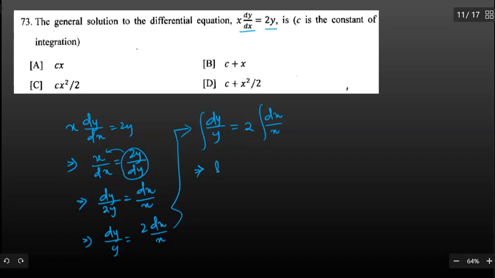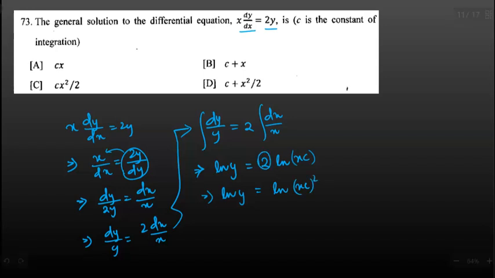So we have ln y is equal to 2 ln x plus ln c, or we can write it like this, since logarithm terms get added inside when they are multiplied. So ln y equals ln xc whole square, because when some term is in multiplication with a logarithmic term, it goes to the exponent.